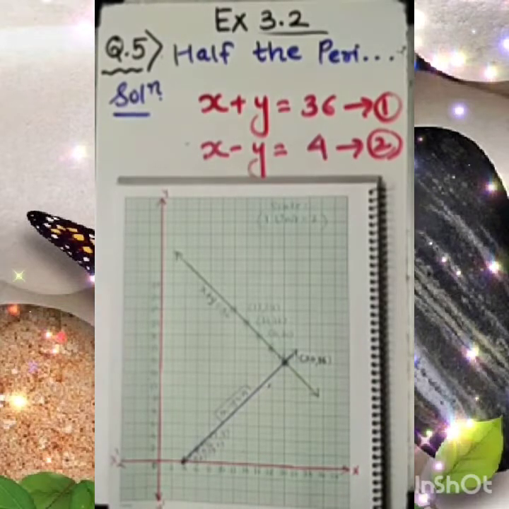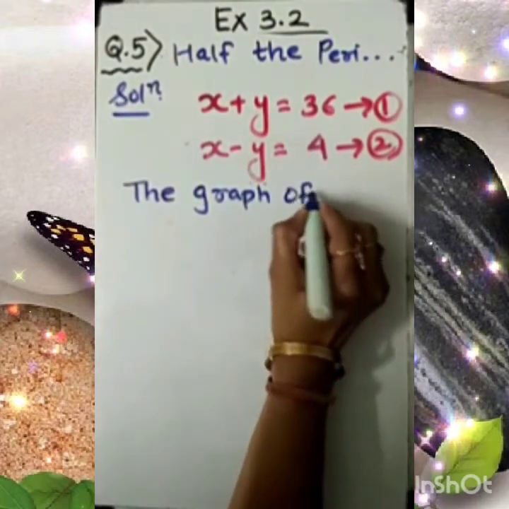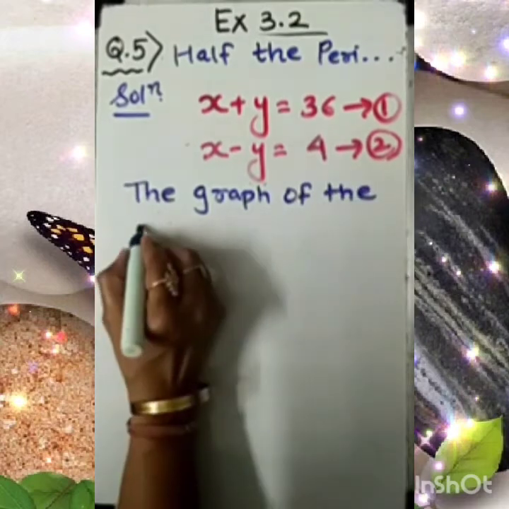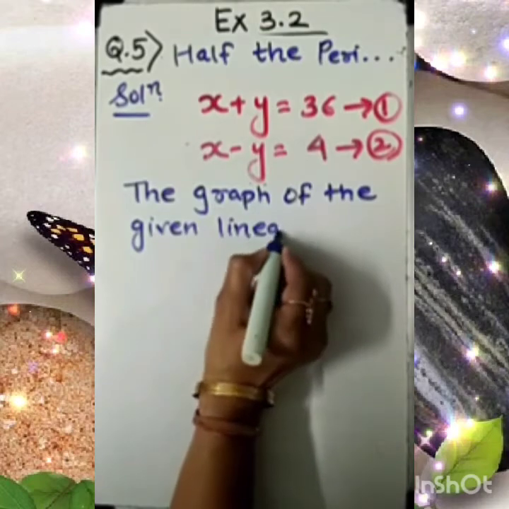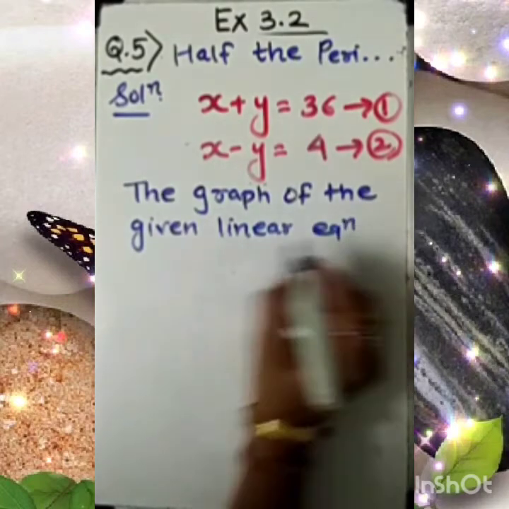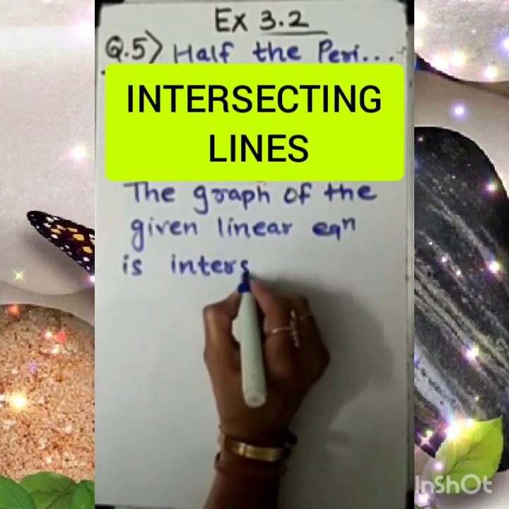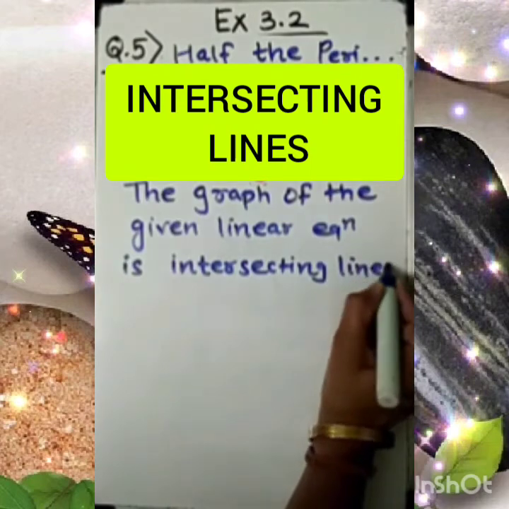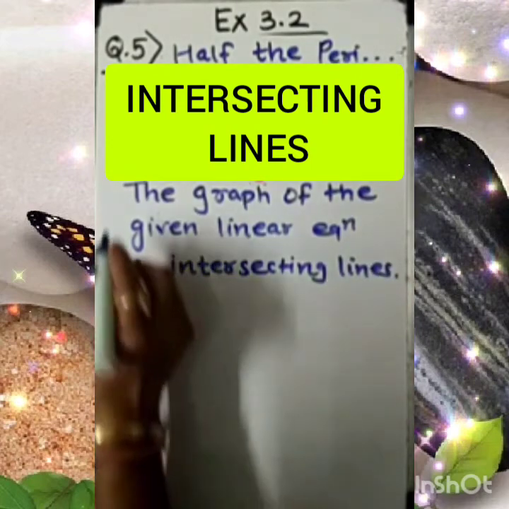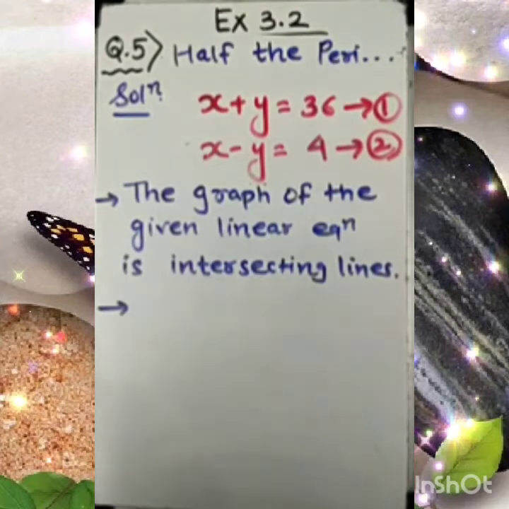Clear to you? Now let's come to the conclusion. The graph of the given linear equations is intersecting lines. And next in the conclusion we need to write the intersecting point.